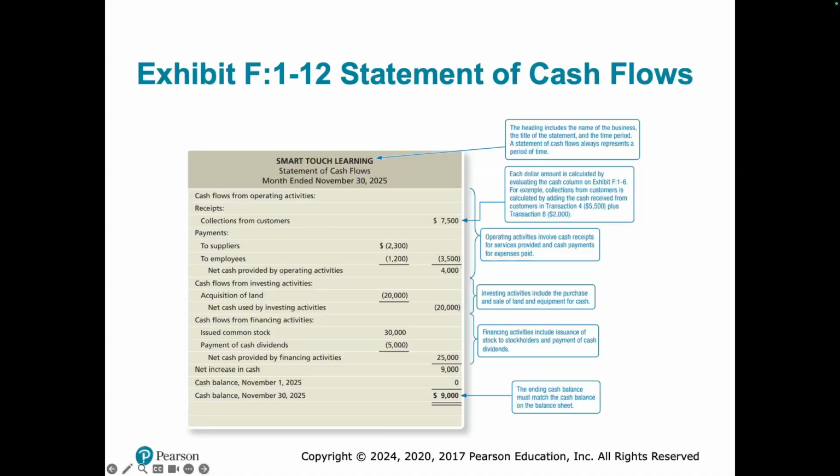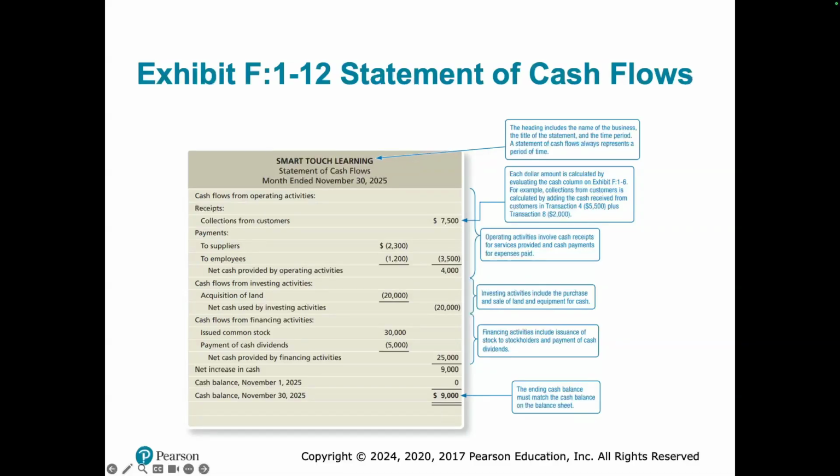So cash flows from investing activities, acquisition of land. This is an investment for the company. Maybe we're going to put on more land later, or we're going to put on another business later. So this is investing activities, purchase of the land, $20,000. So now we have a negative 20,000 net cash used by investing activities. And then cash flows from financing activities. Financing activities is going to include common stock, $30,000, payment of cash dividends, $5,000.